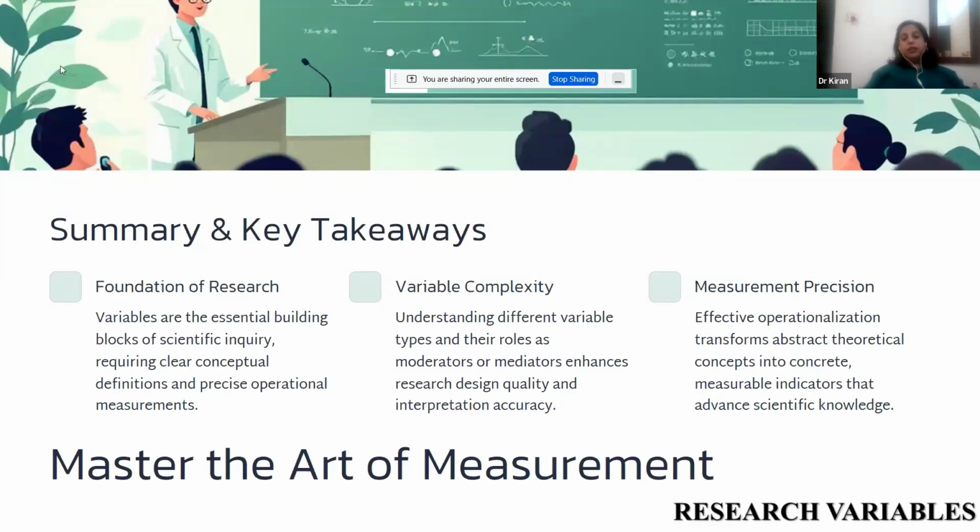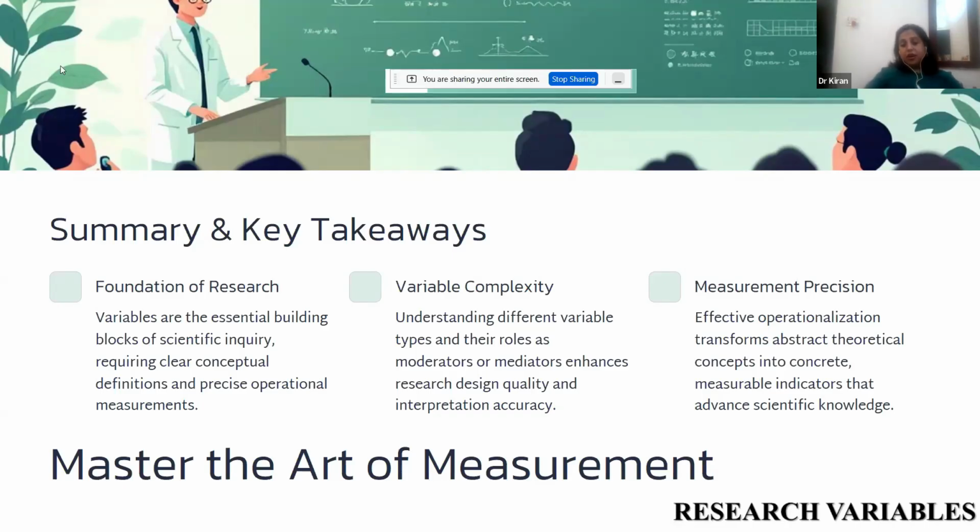And talking about the takeaways, variables are the building blocks of scientific inquiry, and they require a clear conceptual definition and then objective measurement. Yes, variables sometimes become complex, but these complex variables are often distinguished or differentiated in the form of moderators and mediators, and then they can enhance research design quality.